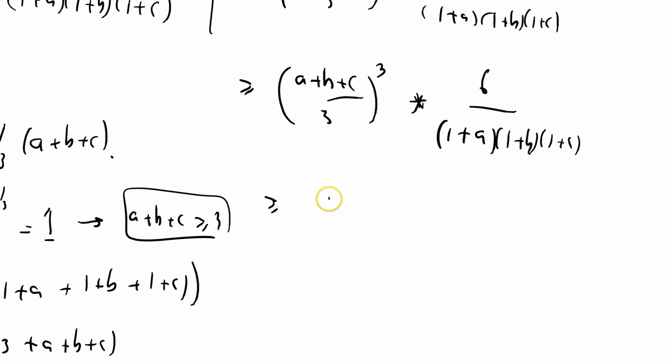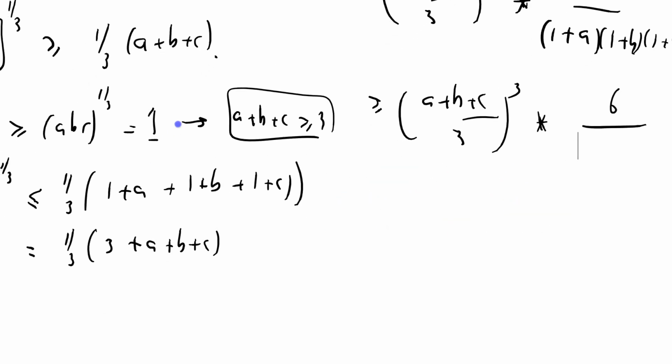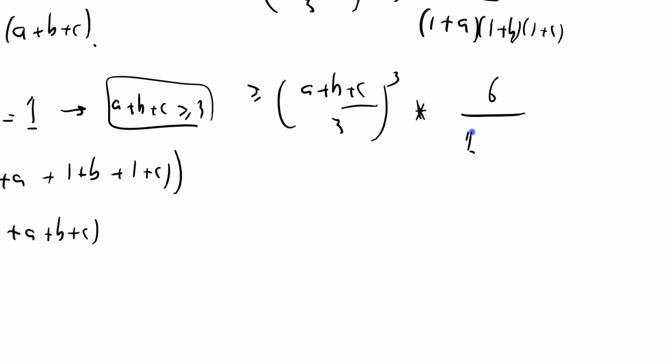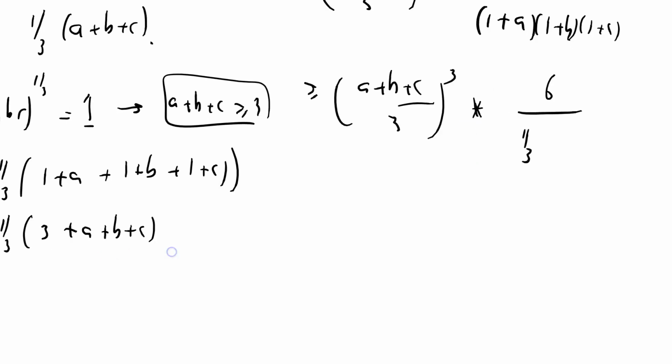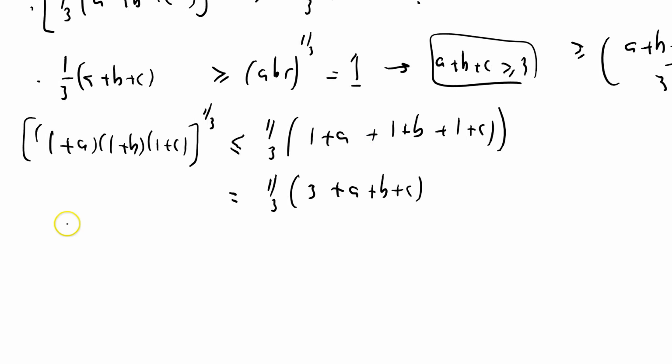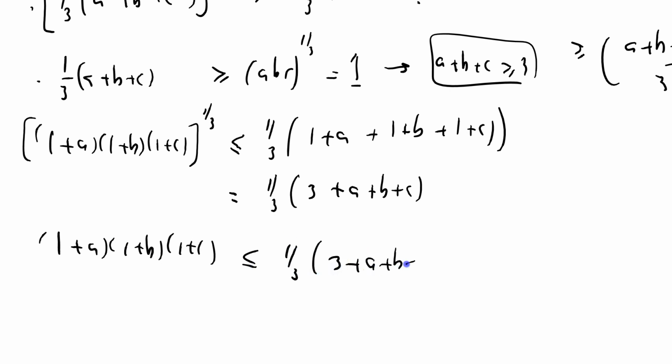Greater than or equal to (a plus b plus c over 3) cubed, which I'm just copying, times 6 over, what did we say? Oh, it's here: a third of 3 plus a plus b plus c. It needs to be cubed. (1 plus a)(1 plus b)(1 plus c) without the cube is less than or equal to 1/3 of 3 plus a plus b plus c, all cubed.